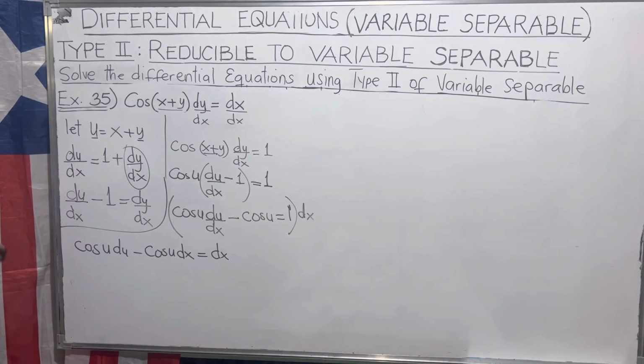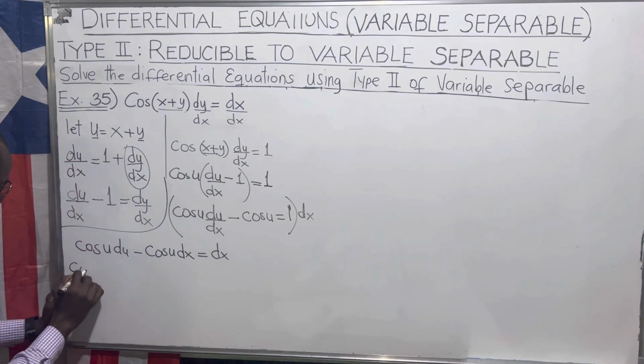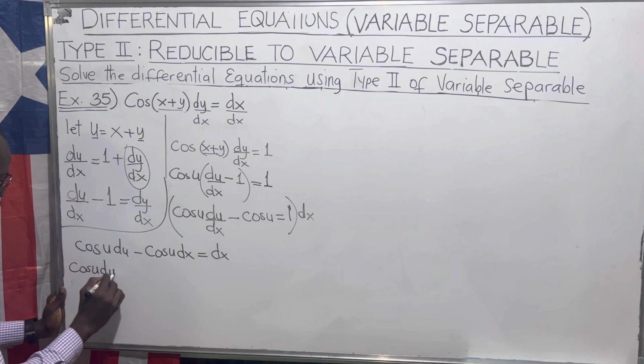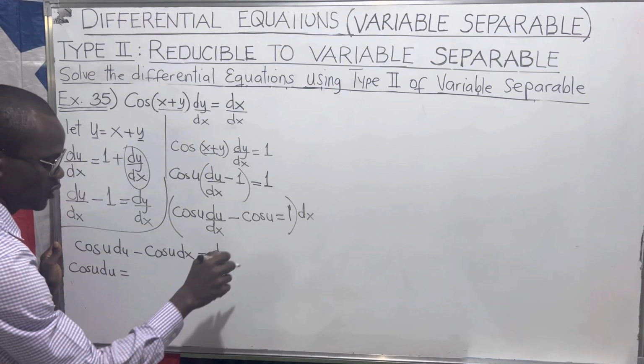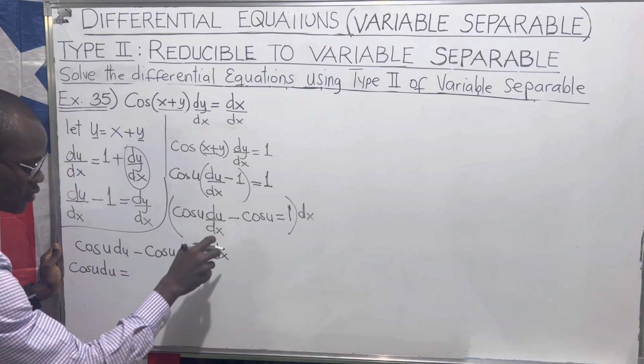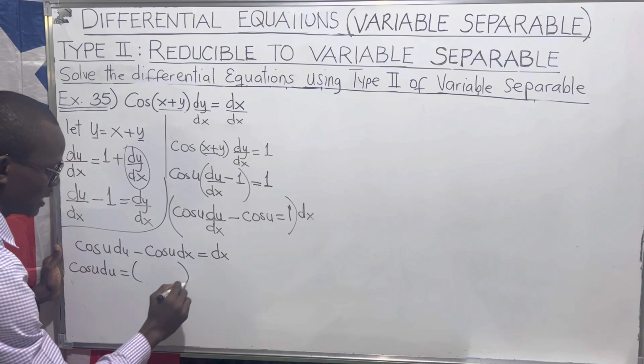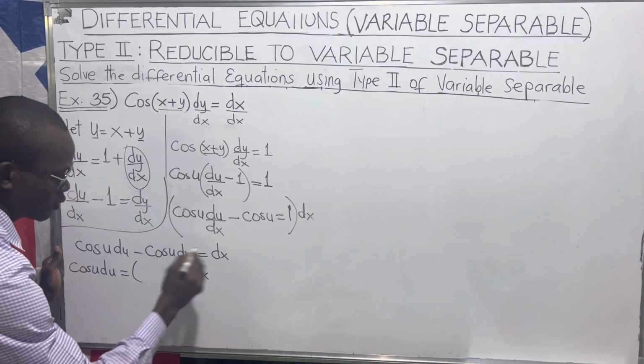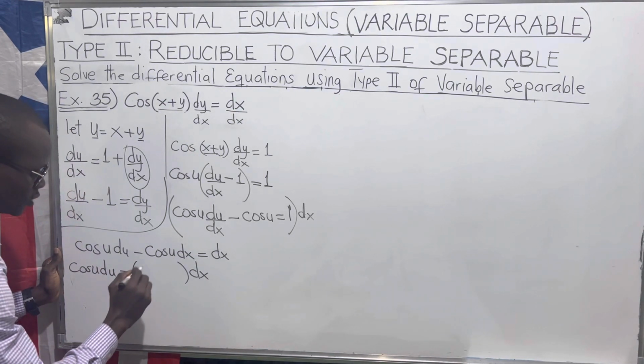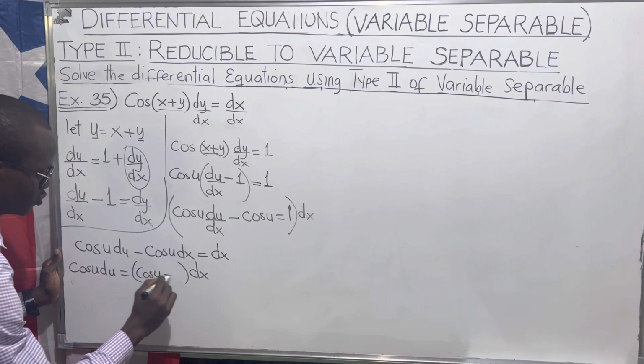So we can now separate the variables. We have cos of u du equals, now we send this one across, so if we send it across, it becomes positive. Then we can factor out the dx, because dx is common to the two of them, so here will just be cos of u plus 1.